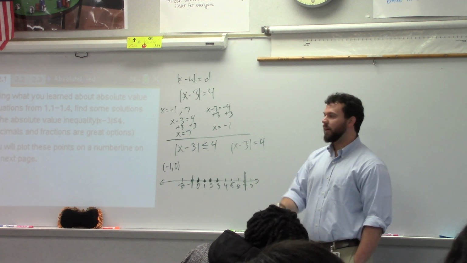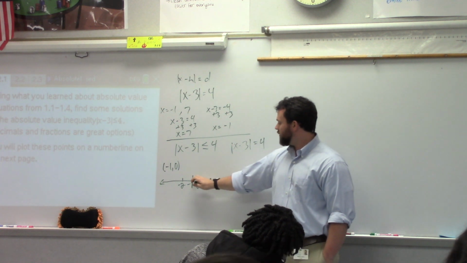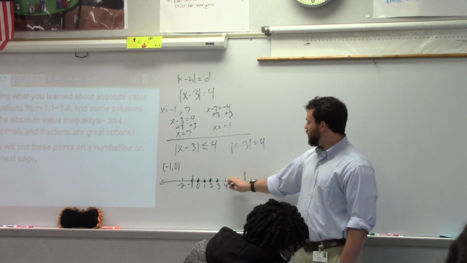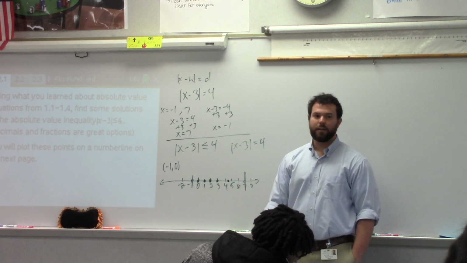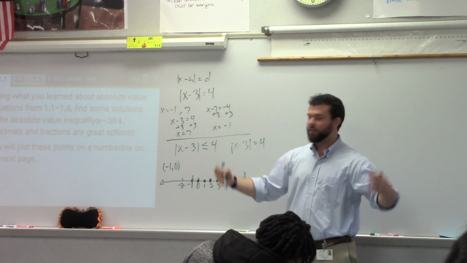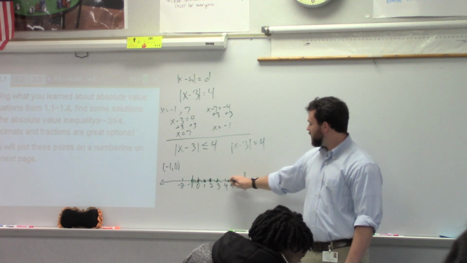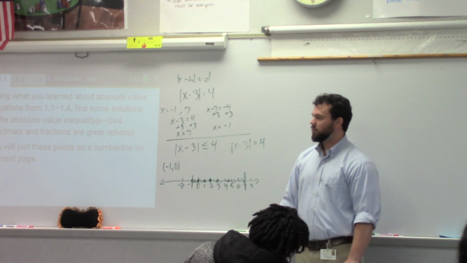Those are known as critical values. Test around them. Notice, not just 0, 1, 2, 3, 4. Would 4.5 make the inequality true? Is that less than 4 units away from 3? So you see how all of this would make the inequality true?